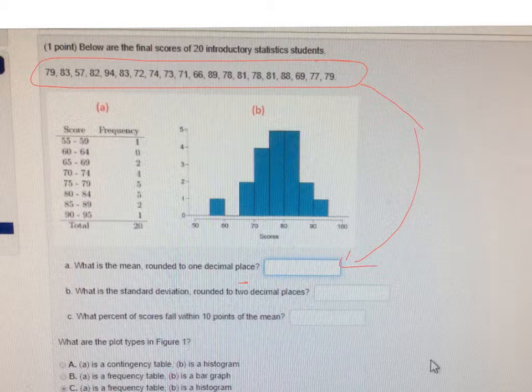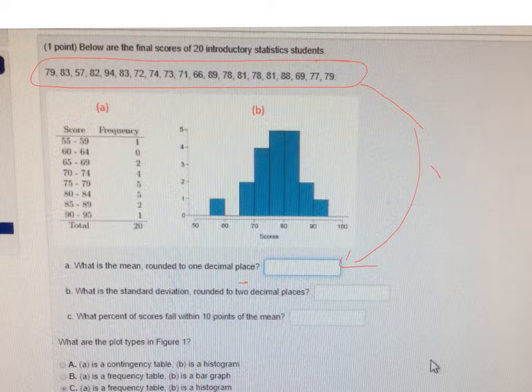The standard deviation rounded to 2 decimal places. Now, I'm not sure if he wants you to use your RStudio on this, or if he wants you to just calculate it. If you're calculating it, then you have to take every number and subtract the mean, okay?